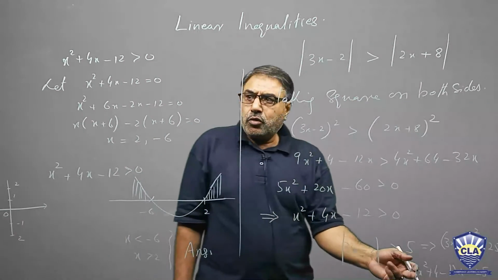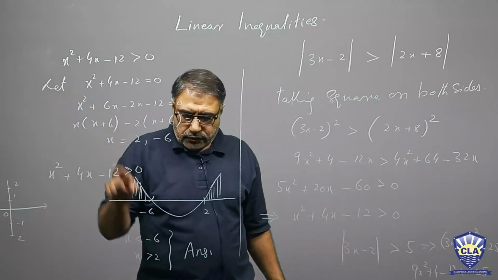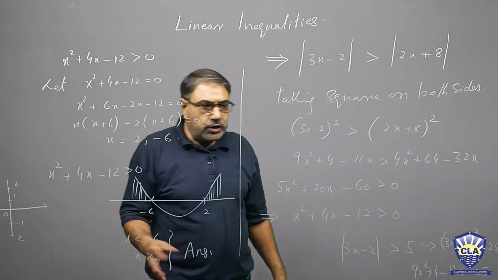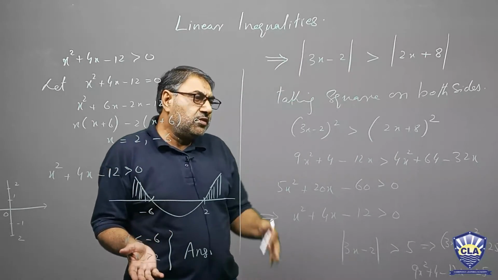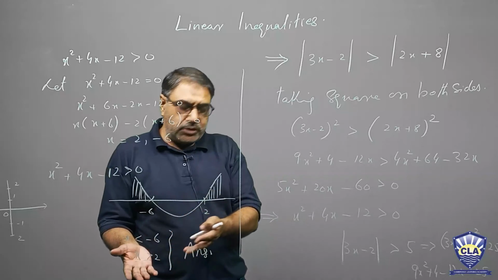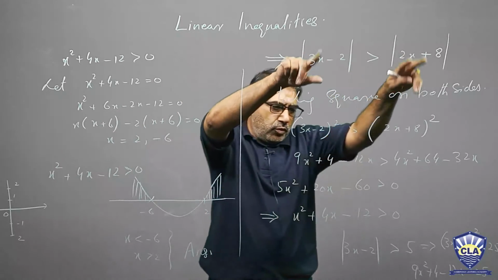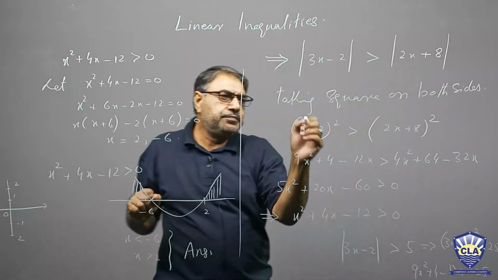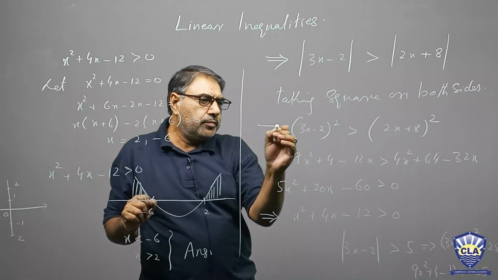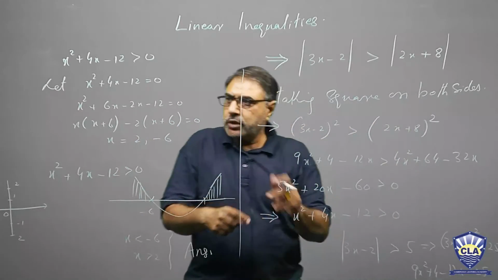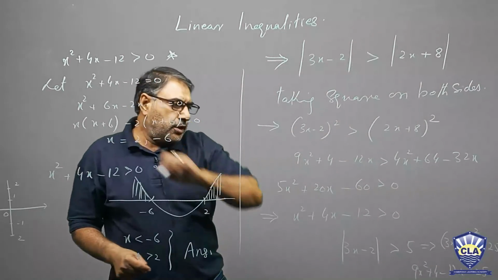So it is again a quadratic inequality and you have to solve this. If we have a modulus on both sides, then there is no need to replace the values −6 and 2 in the inequality. It will be satisfied because we have a modulus on both sides. What is the step? By taking the square on both sides, the modulus will be removed and you get this quadratic inequality.